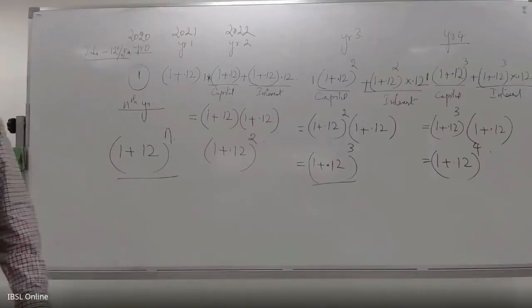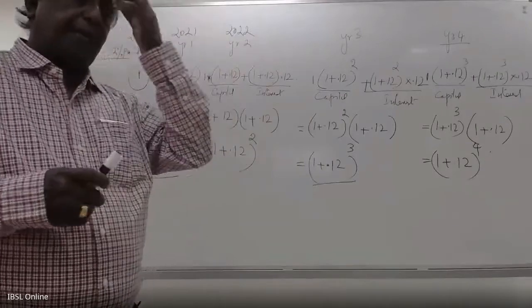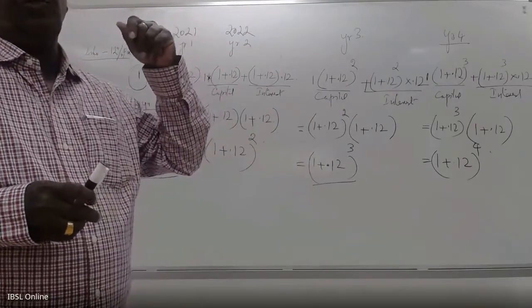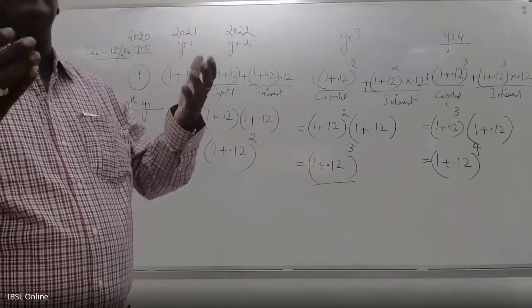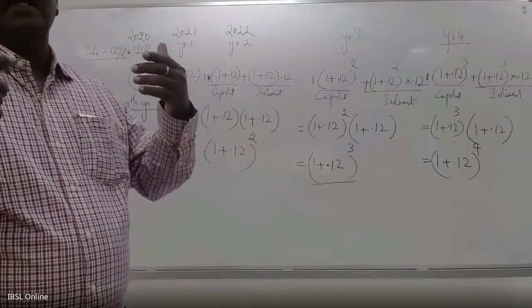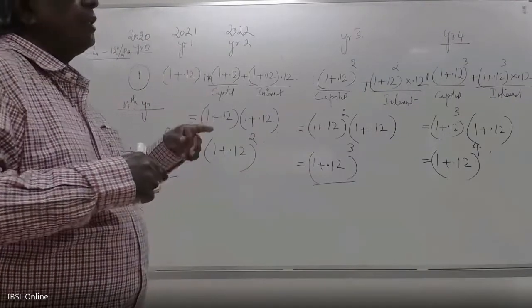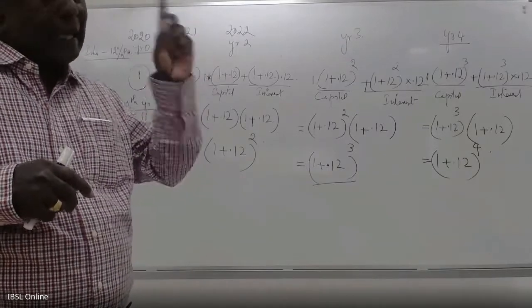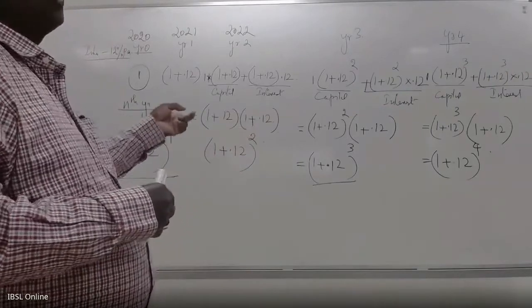In the nth year, the present 1 rupee at an interest rate of 0.12, or otherwise 12% per annum, right? When you convert it to decimal, it is 0.12 as the interest rate. The value of present 1 rupee at the nth year will be 1 plus 0.12 to the power n.